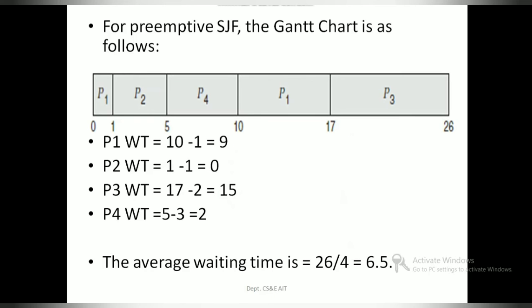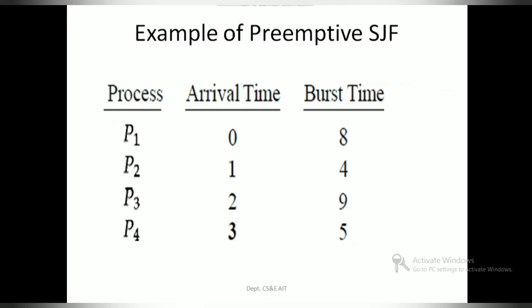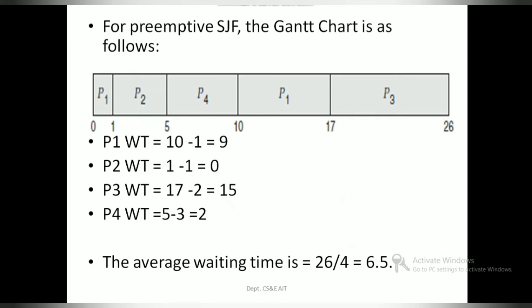The next process with the smallest burst time is P4, and after that a comparison happens with P3 and P1. P1 has a smaller burst time compared to P3, so P3 shall be assigned the CPU last. So eventually the Gantt chart is prepared in that way.